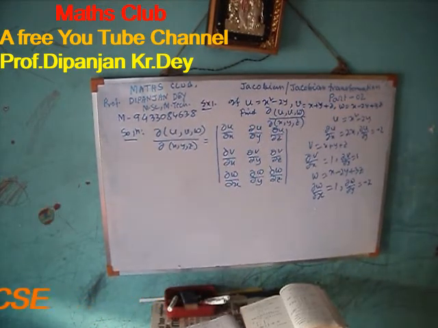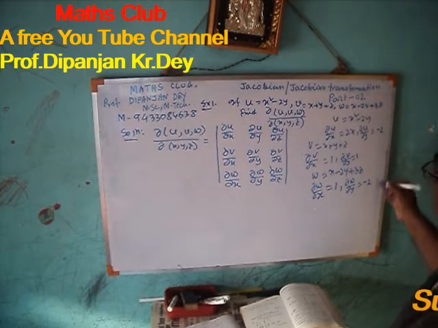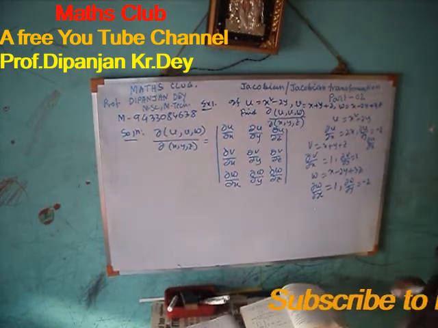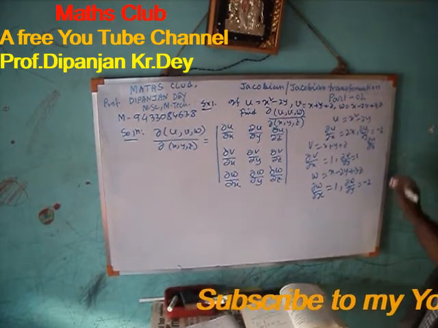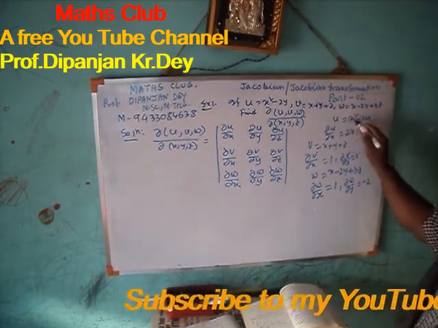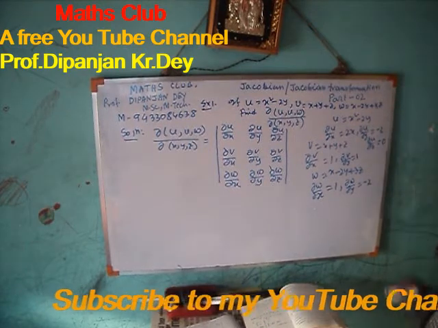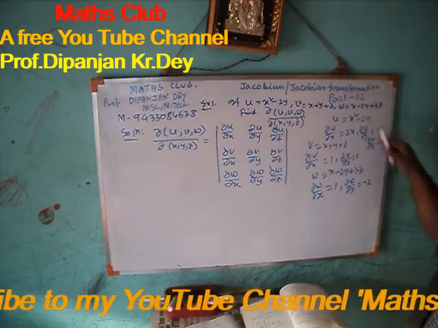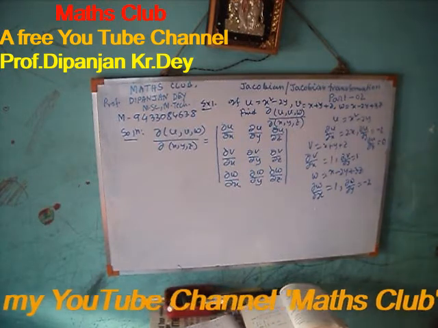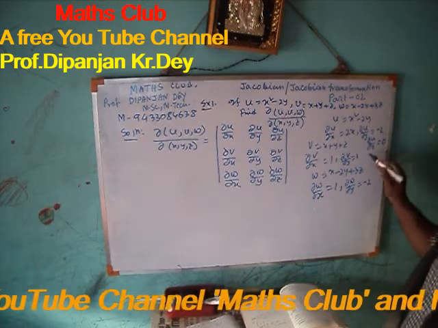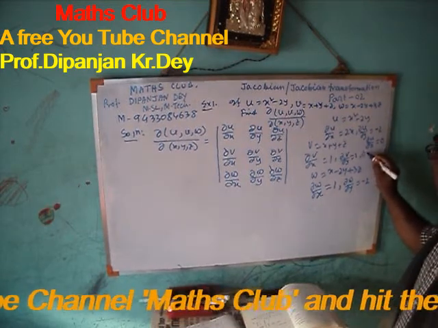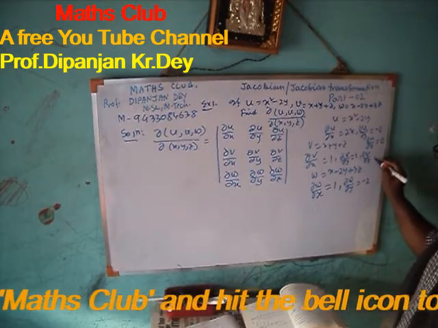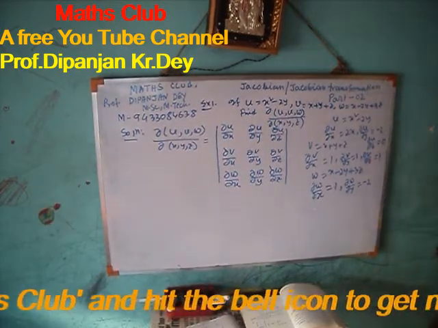Now I have to find del u del z. This is actually 0 because there is no z in u. Del u del z means differentiate u partially with respect to z when x and y are constant, so this must be 0. Now del v del z is equal to 1.